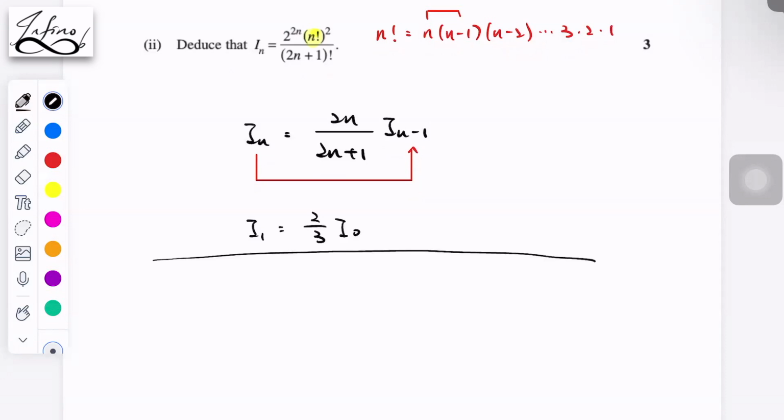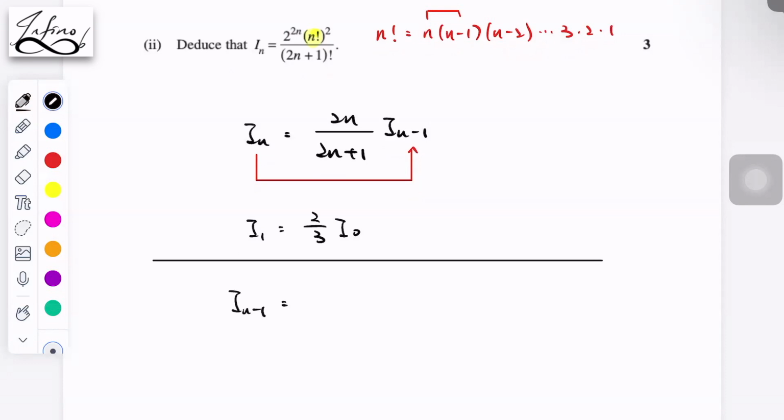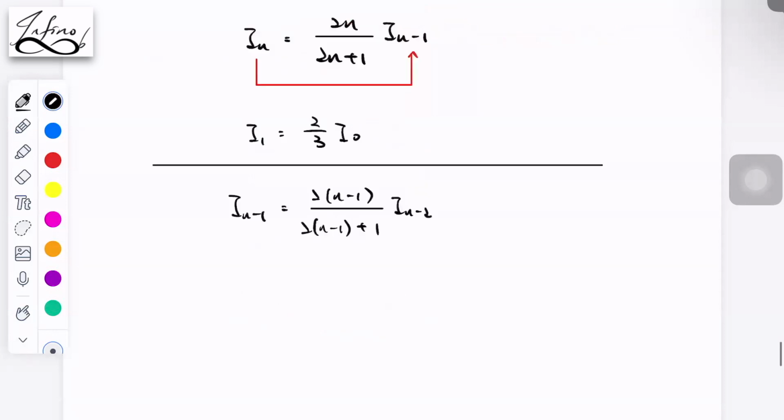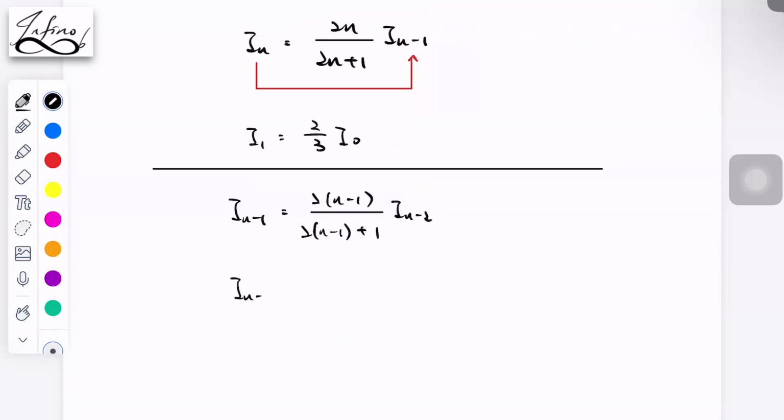For example, what is I n minus 1? I n minus 1 will be 2 bracket n minus 1 over 2 bracket n minus 1 plus 1 times I n minus 2. And if you further want to find I n minus 2, it will be 2 bracket n minus 2 over 2 bracket n minus 2 plus 1 times I n minus 3.